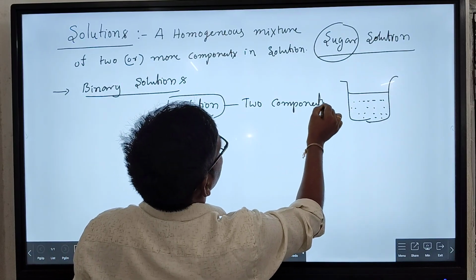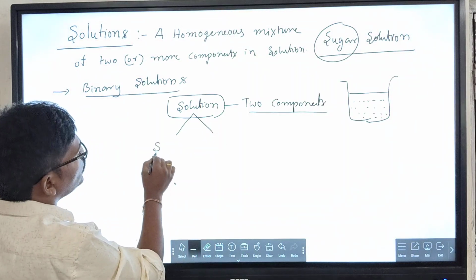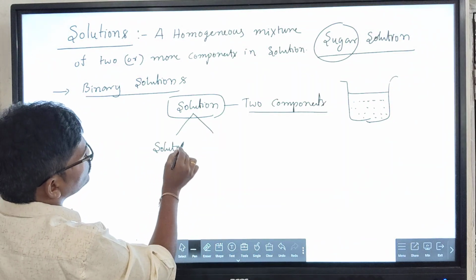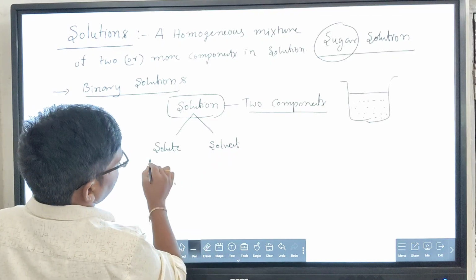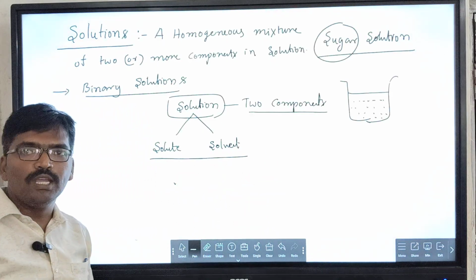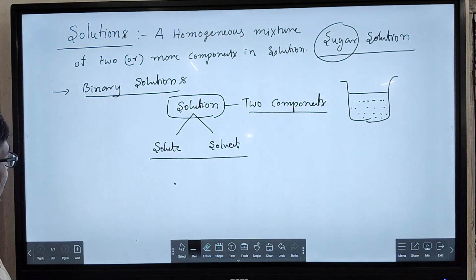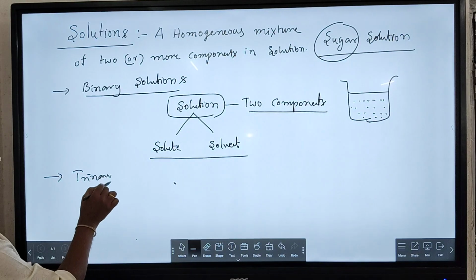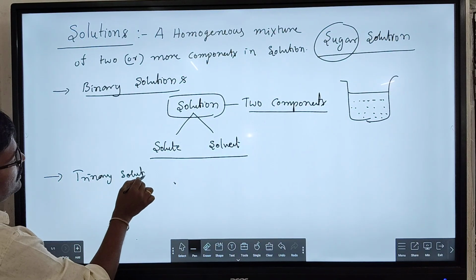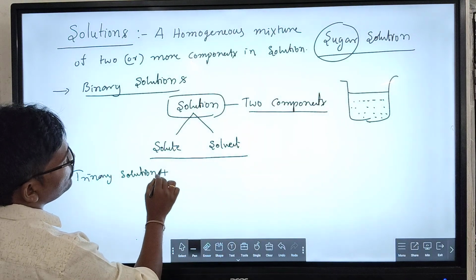In the two components, one is solute and the other is solvent. In this particular chapter we are using only binary solutions. A trinary solution is one where three components are present.